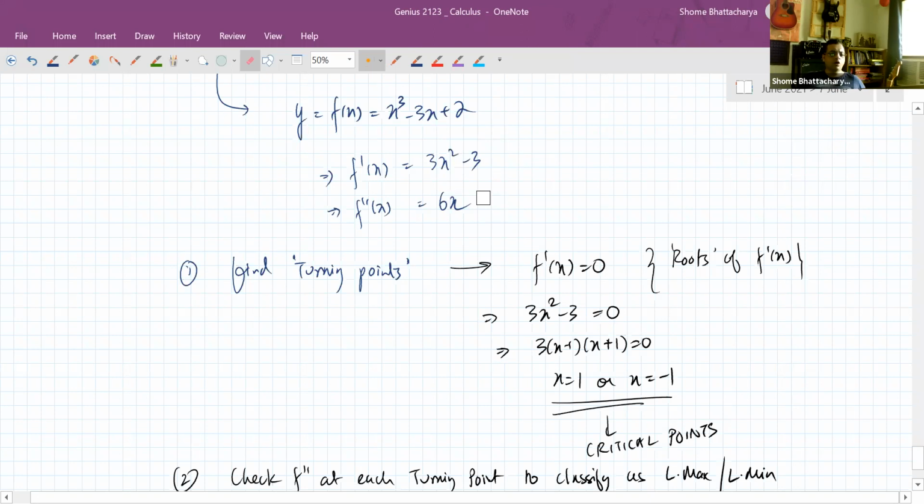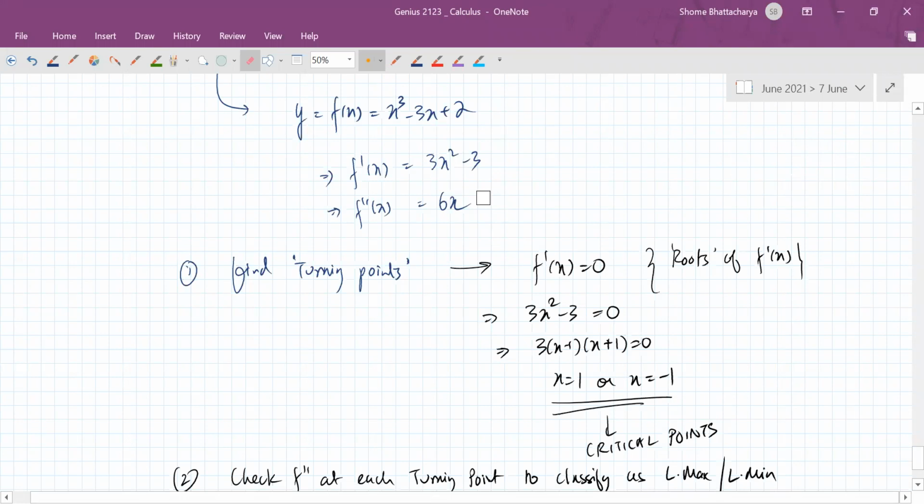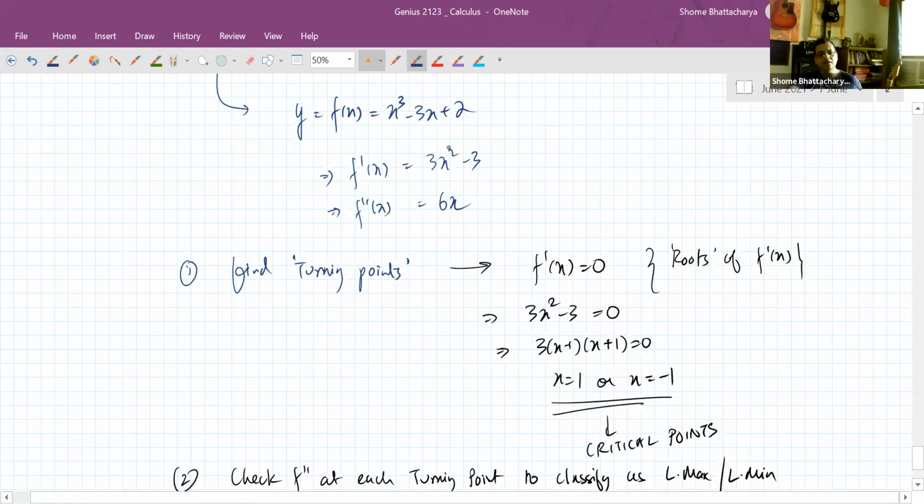Or it could have one common root. So a polynomial of degree n will have up to n minus 1 turning points. It can have anything from 0 to n minus 1 turning points. So a cubic function may have 0, 1, or 2 turning points, but it will not have more than 2 turning points.